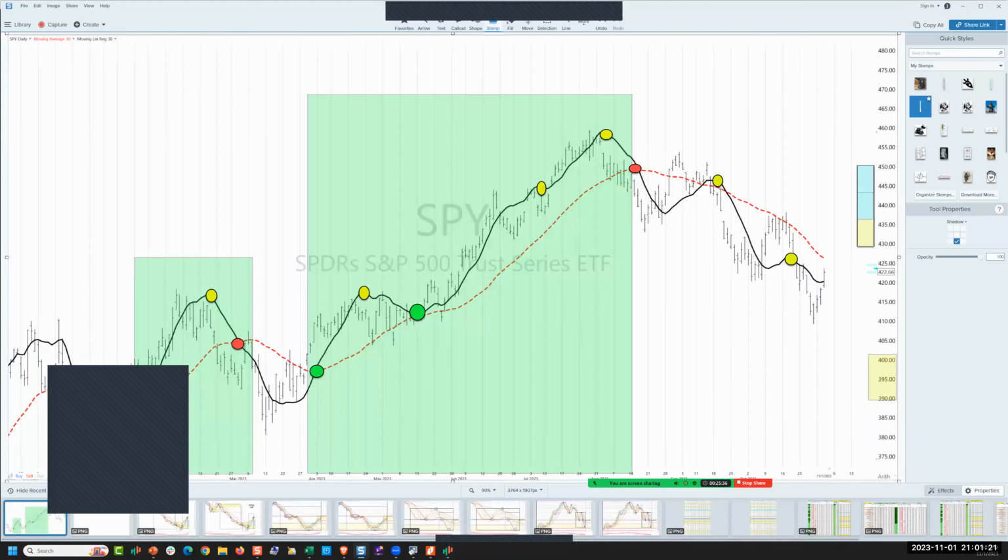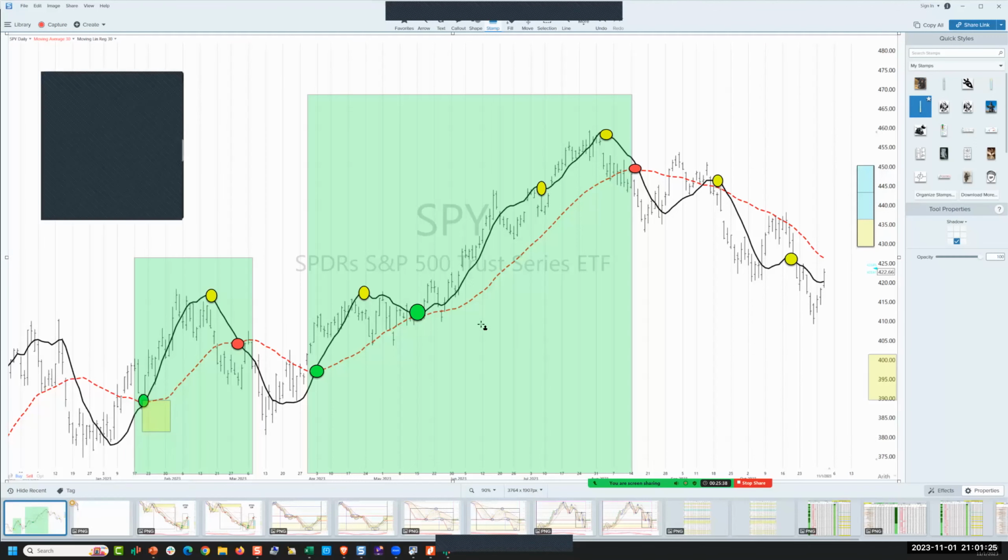This is what happens if you take the daily charts on the S&P and just plot the 30-period simple moving average, that dashed red line. And the black line is the 30-period moving regression line. That's the owl. And then every place that's shaded green is where the slope of the RL30 is positive. So that's where you can be long, and you want to be long.